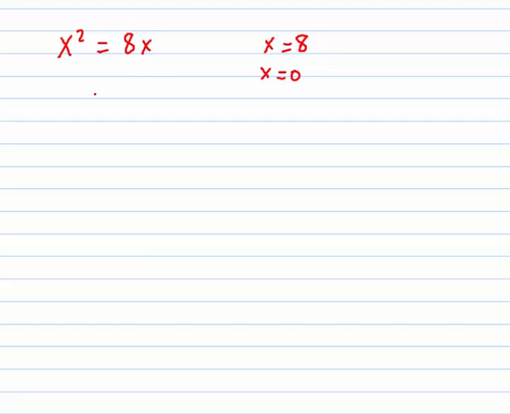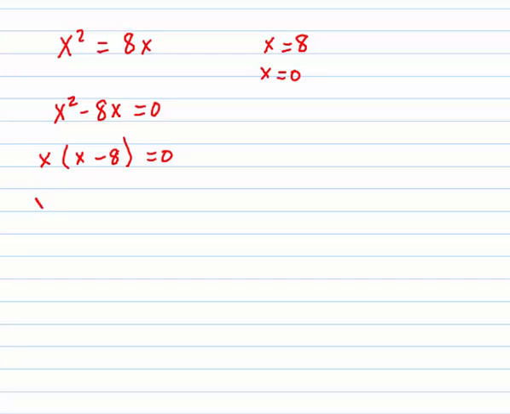Now, how do we get that from this equation other than by observation? Well, again, we can bring everything over to one side. x squared minus 8x is equal to 0. Now we can factor out an x. x times x minus 8 is equal to 0. So we have either the zero product rule, I mean the zero product principle.